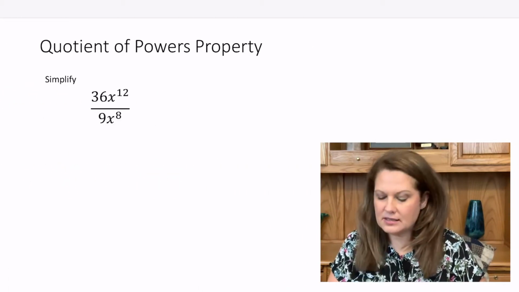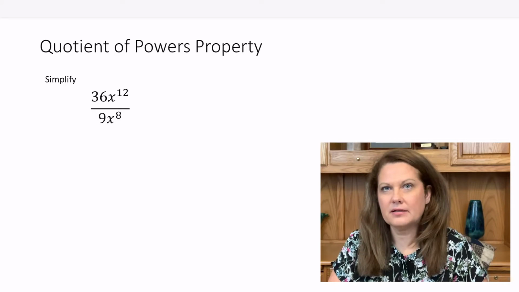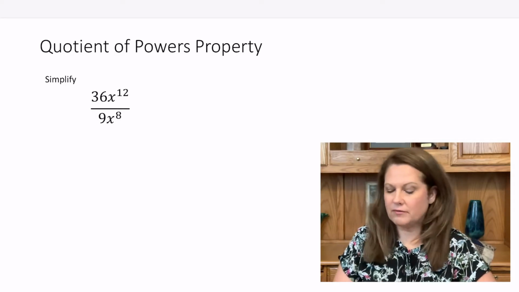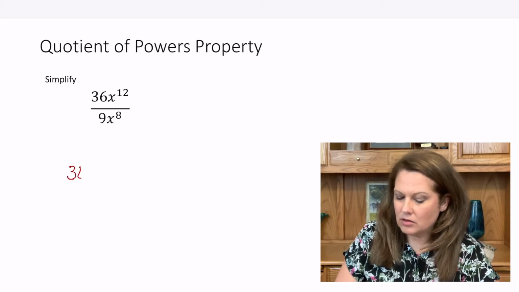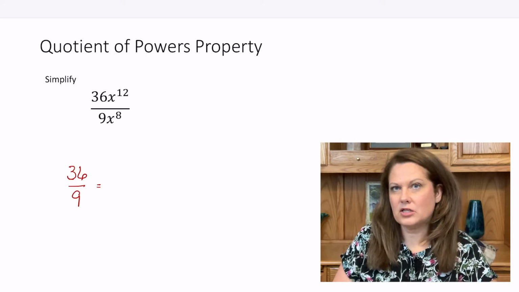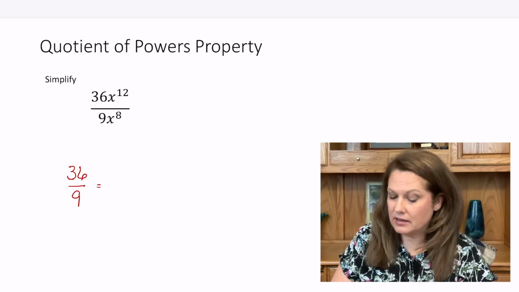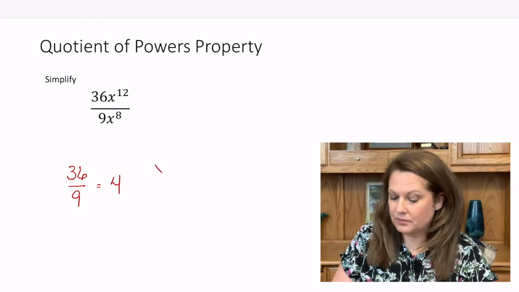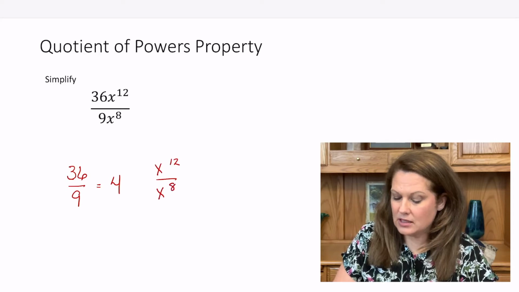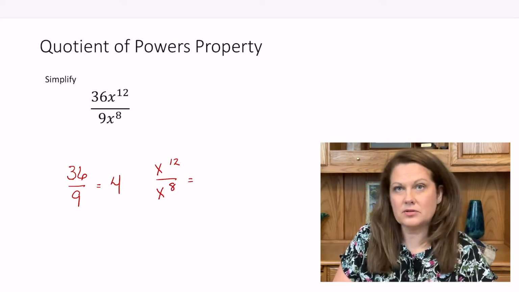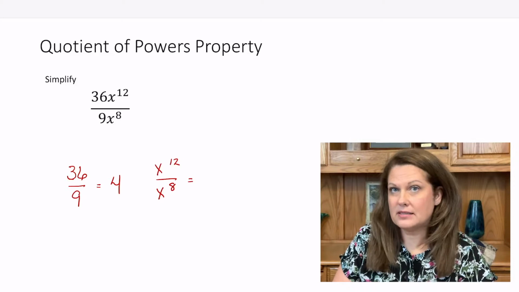I have 36x to the 12th divided by 9x to the 8th. Remember, break your coefficients apart. 36 over 9. What does that simplify to? I hope you notice that 36 can be divided by 9 evenly. That gives us 4. And x to the 12th divided by x to the 8th. Do we have variables that are the same as our bases?